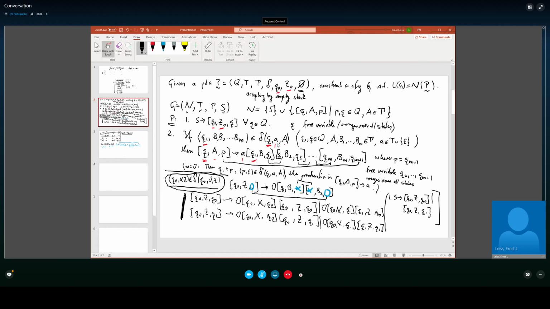Q is fixed. Little a and capital A are both fixed. So whatever else is left is free. So that Q is that Q. So that's bound. That capital A is that capital A. That's bound. That P is not bound. It is free. Now, it has to be equal to that last state here, but P is equal to Qm plus 1.